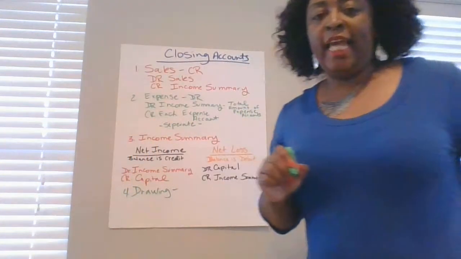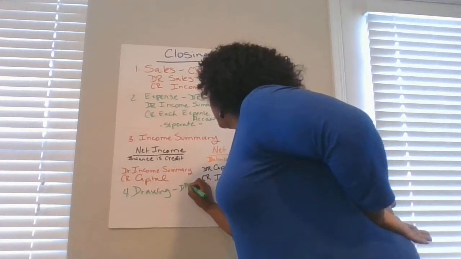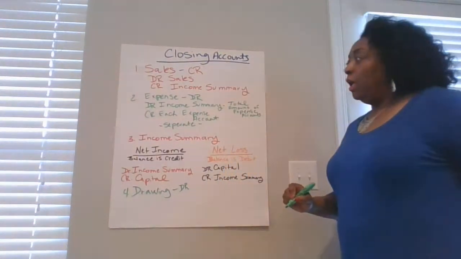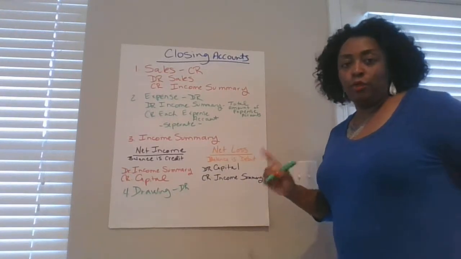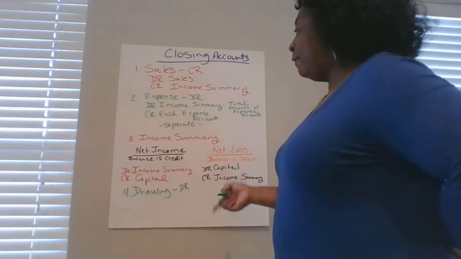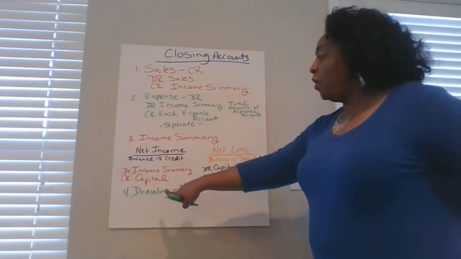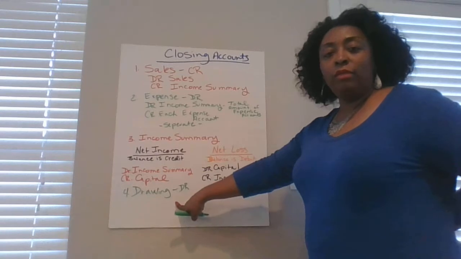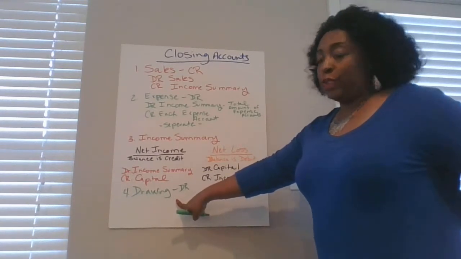Which we know has a normal debit balance. And in order to close it, we need to credit drawing. And this time we debit capital because we will recall that we only use the drawing account when the owner takes money out of the company for personal use.